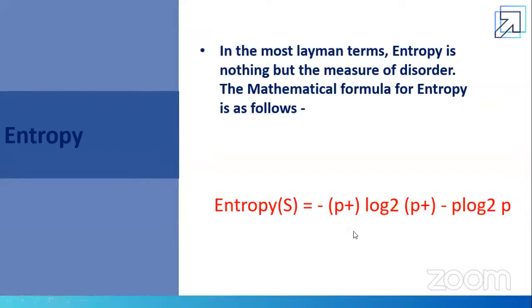The mathematical formula is as follows: minus p plus log p plus, minus p minus log p minus, with log to the base 2.